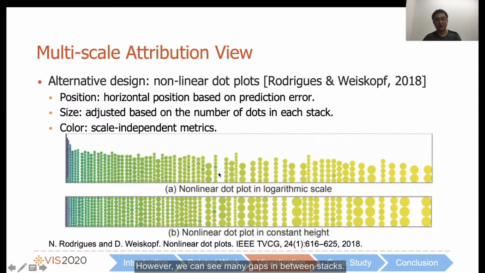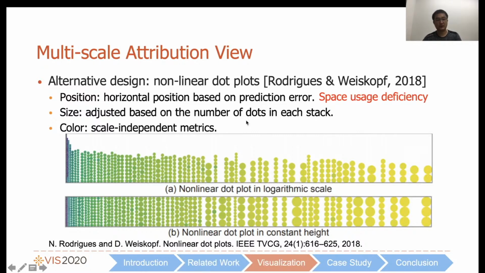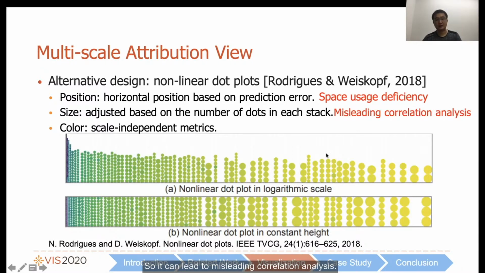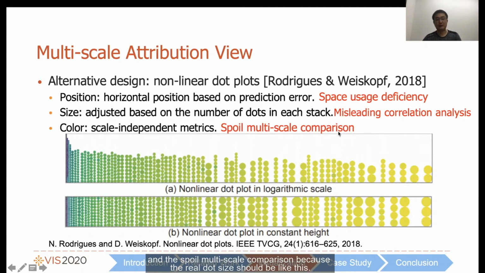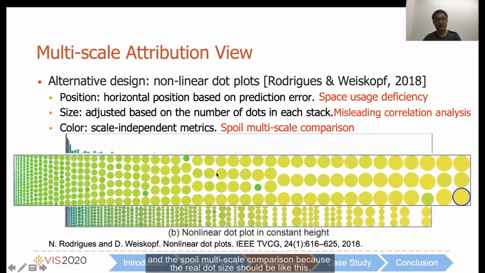However, we can see many gaps in between stacks, so the space usage is not very efficient, and the size doesn't correspond to the traffic volume, so it can lead to misleading correlation analysis and spoil multi-scale comparison, because the real dot size should be like this.